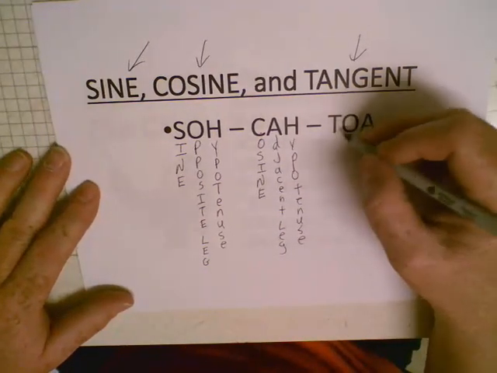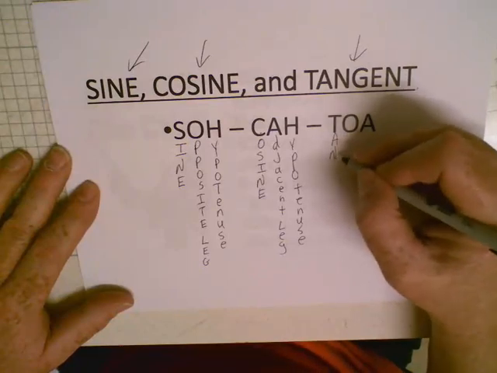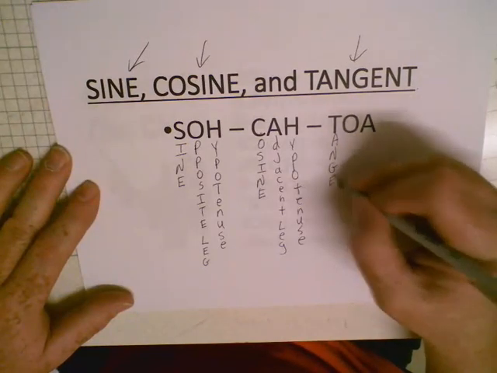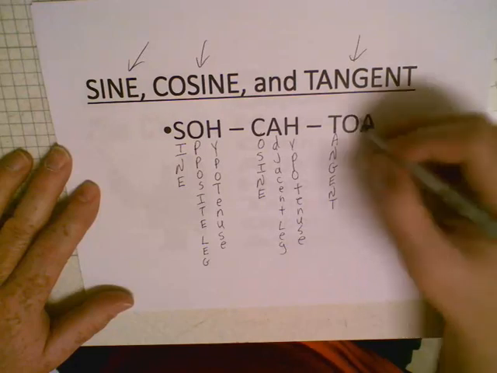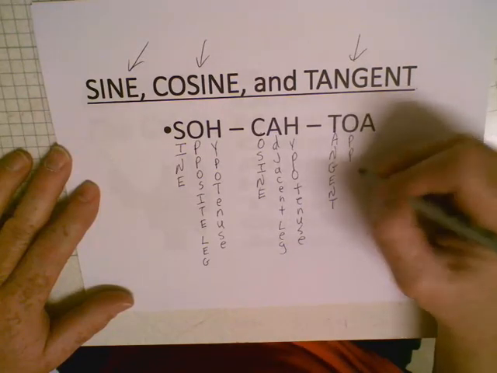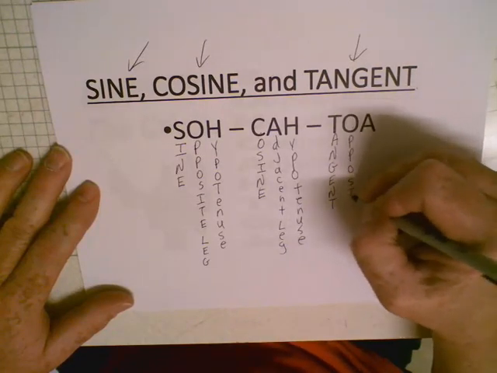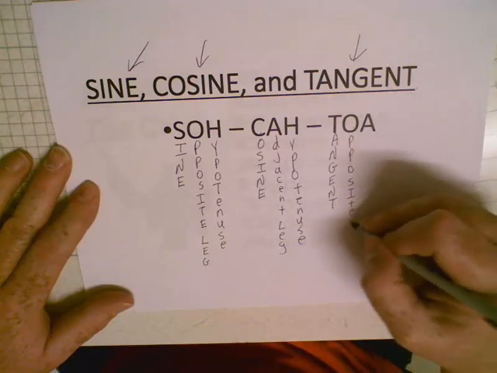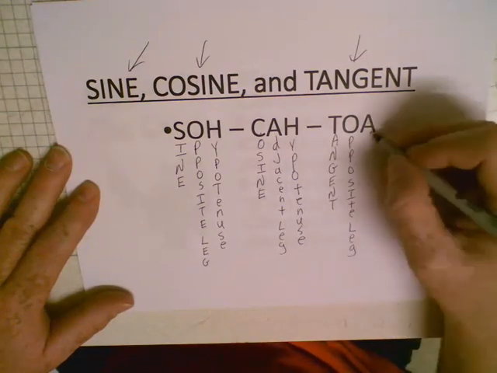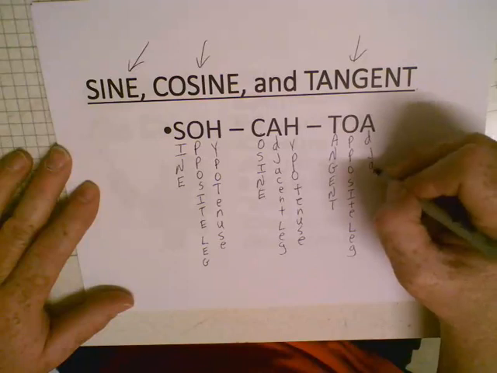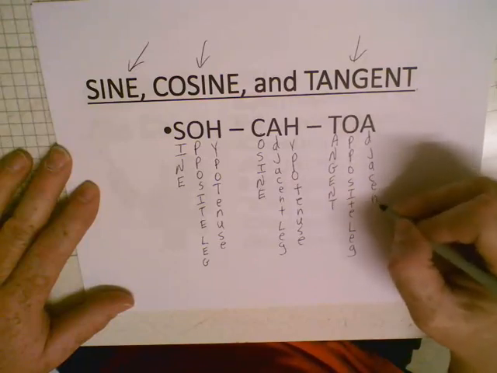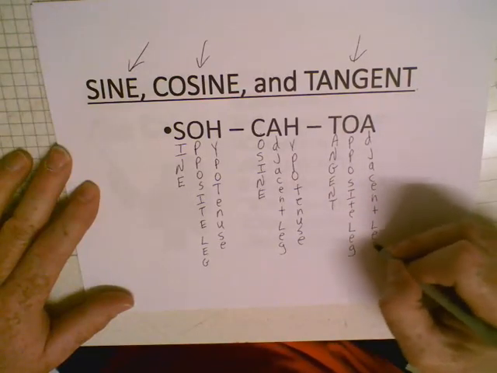T stands for tangent. That means opposite leg over adjacent leg.